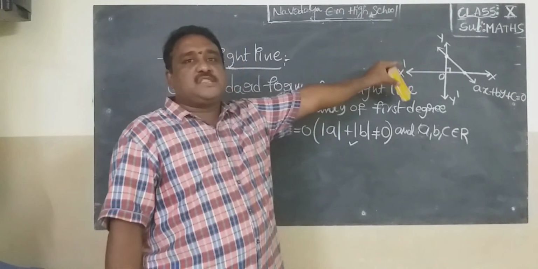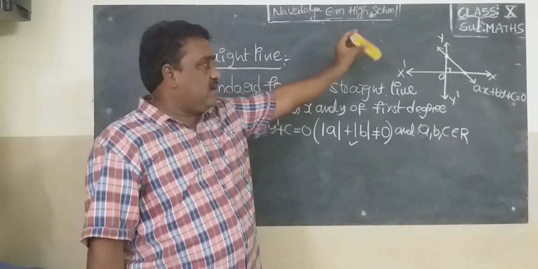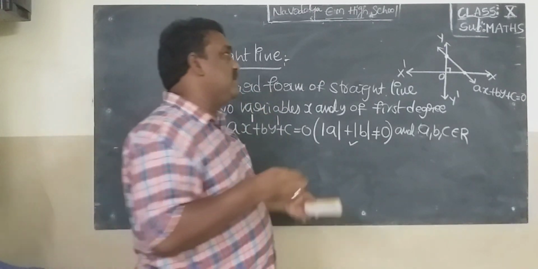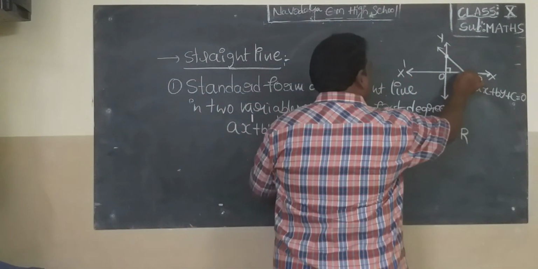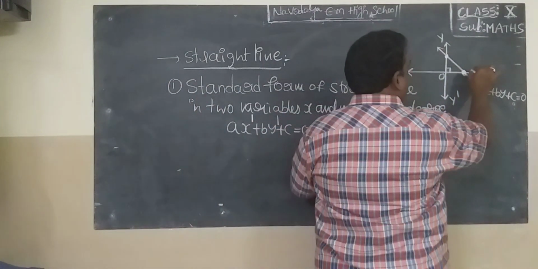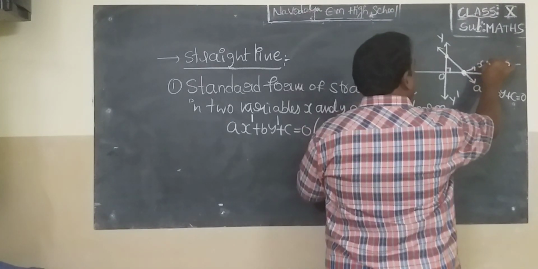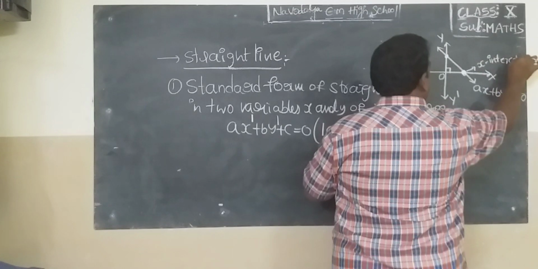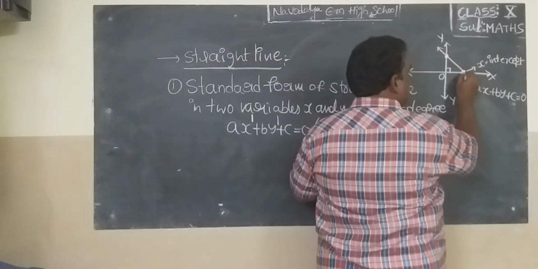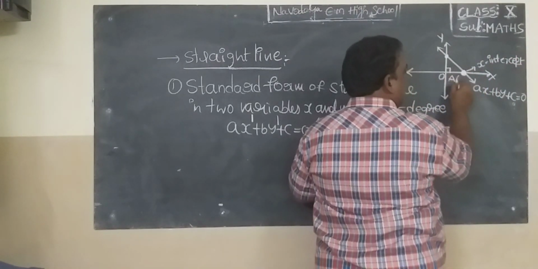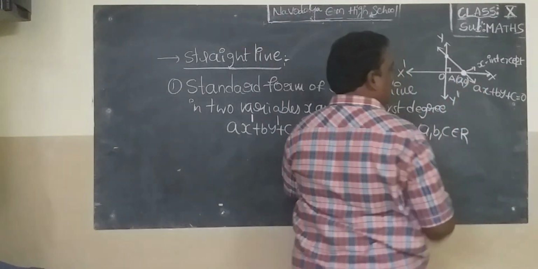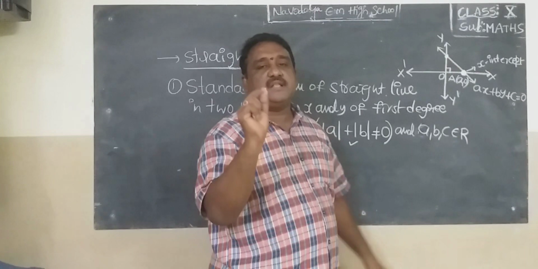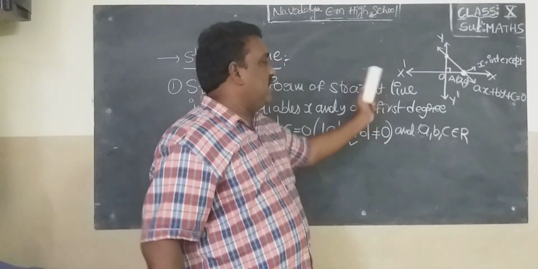So Ax plus By plus C equal to 0 touches the x axis at one point. This point is known as x intercept. Name the point as A, small a comma 0. Okay? A straight line touches the x axis at one point.